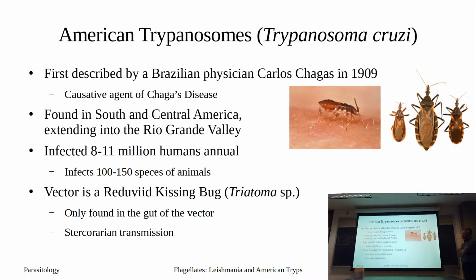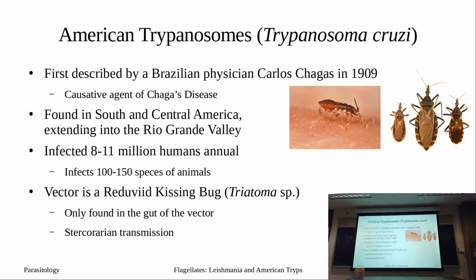All right. So South Central America extends into the Rio Grande Valley here in Texas. This parasite infects 8 to 11 million individuals annually. It infects a lot of different animals too as reservoir hosts, so 100 to 150 species of animals.